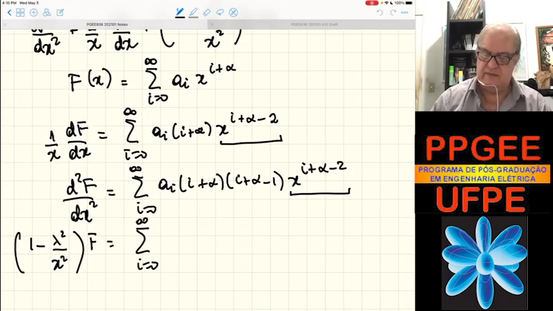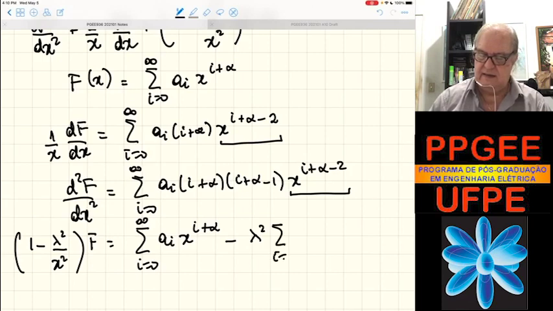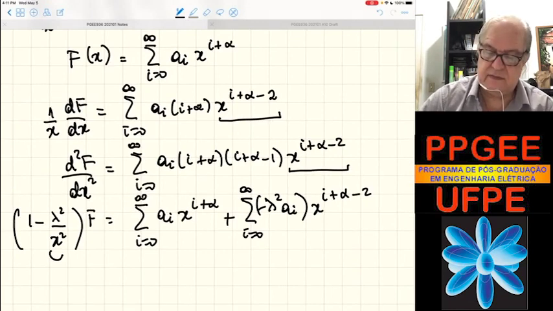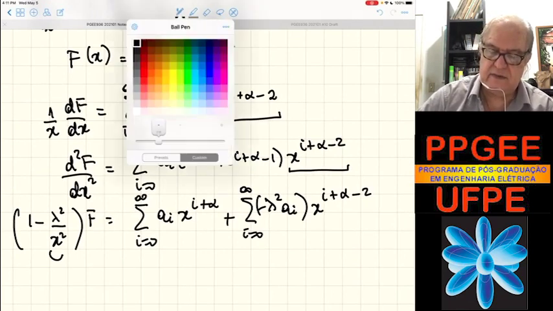I'm going to have one term which is a_i x^(i+alpha), minus lambda squared a_i, divided by x squared, which is going to be i plus alpha minus 2. So these terms are similar, okay?